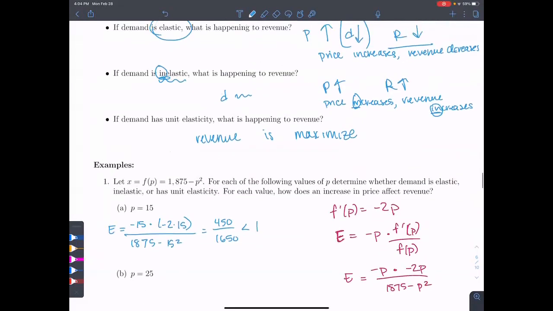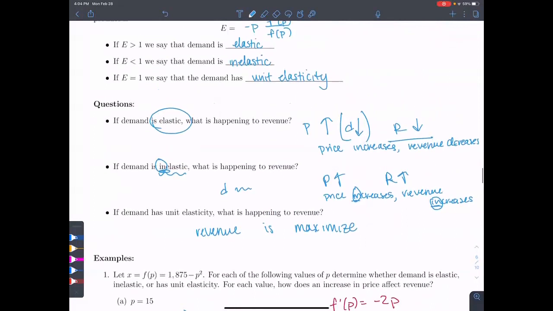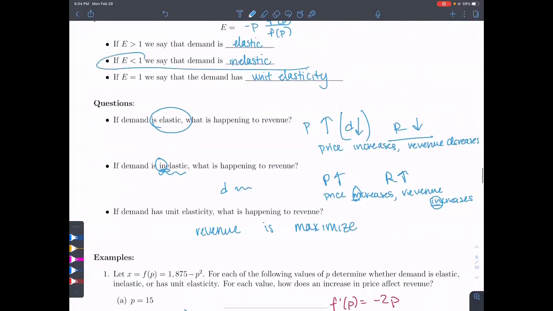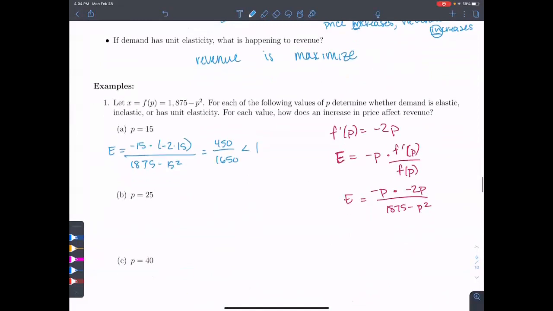So that would be inelastic. E is less than 1, so it's inelastic. So as price increases, the demand isn't changing much because it is inelastic. So that means the revenue will increase.